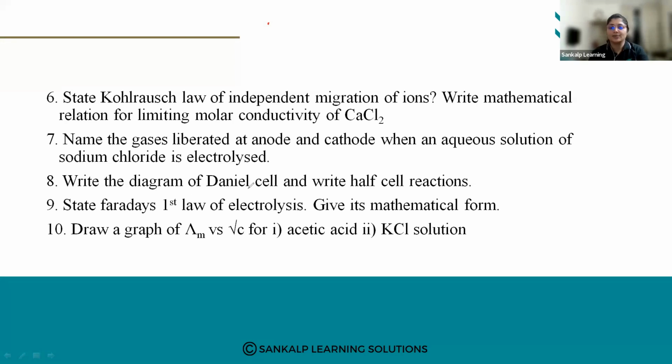For the diagram, 1 mark is given, and for the half cell, the two reactions. At cathode the reaction is one half cell reaction, and at anode the reaction which is occurring is another half cell reaction. So these are called the half cell reactions, at anode and at cathode.